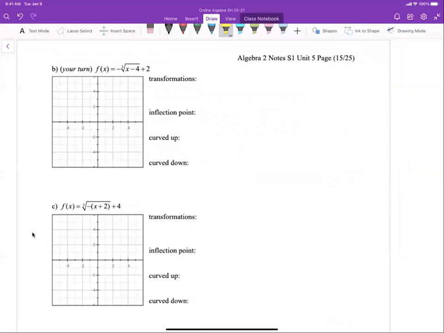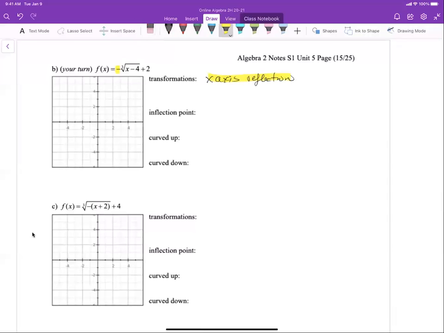Okay, welcome back. We have a reflection. It's outside the parent rule, which is vertical, so it is an x-axis reflection. I have such a hard time writing that.